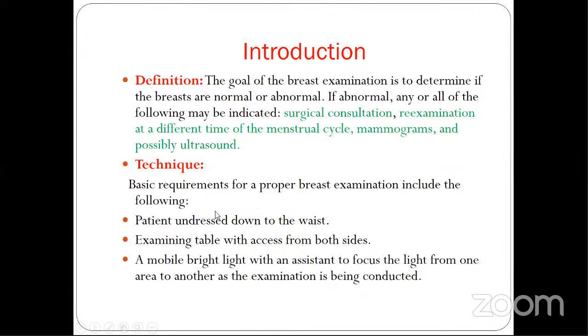But first, we have to know the steps of clinical examination. The patient must undress down to the waist, on an examining table with access from both sides. We should have a light with an assistant to focus the light from one area to another as the examination is being conducted.